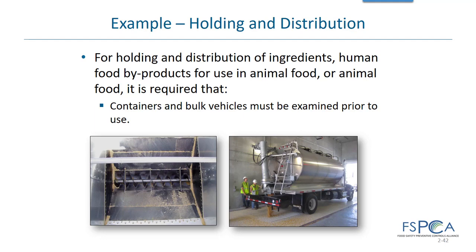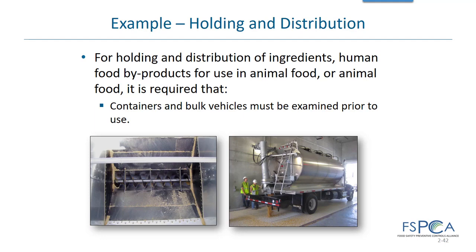So the picture on the left-hand side is a picture of the inside of a truck. And so this could be an example of someone just poking their head in there and visually inspecting. Now, that particular truck there is not completely clean, right? There's still some residue in there. But remember that the regulation says to look for unusual residue or residue that you think could introduce a hazard.